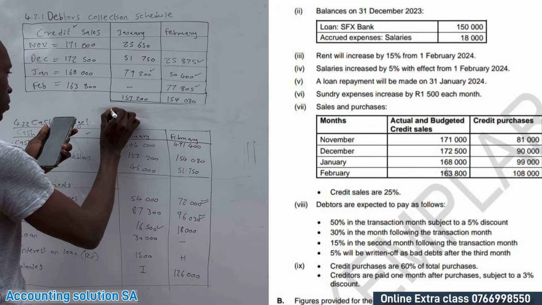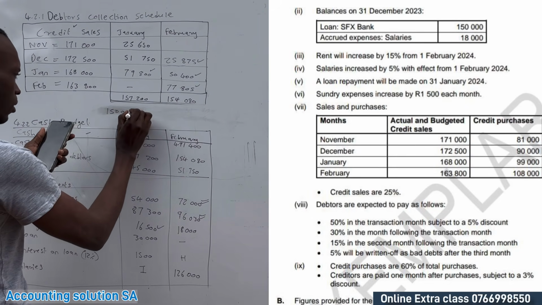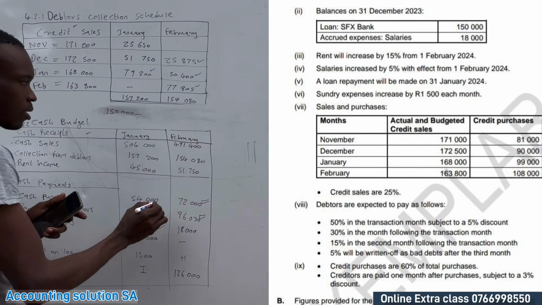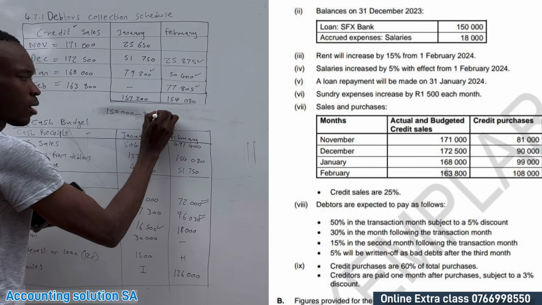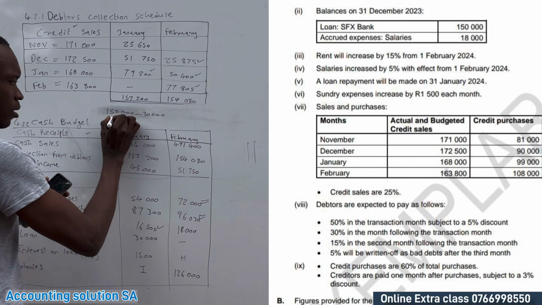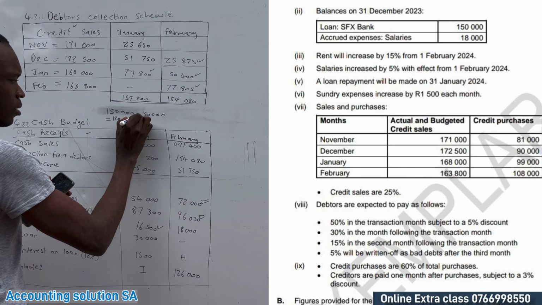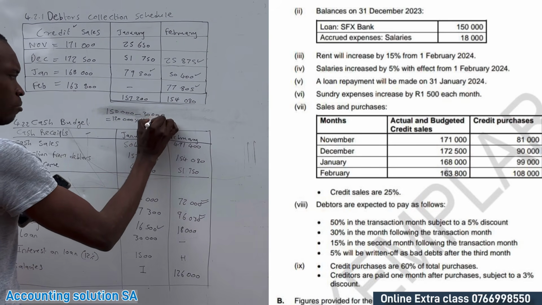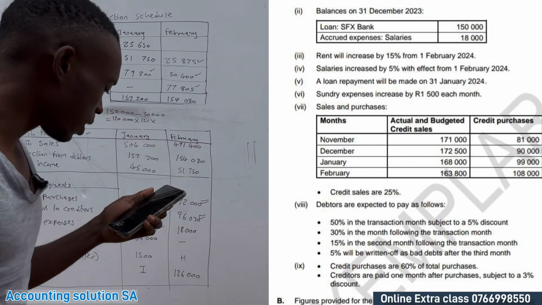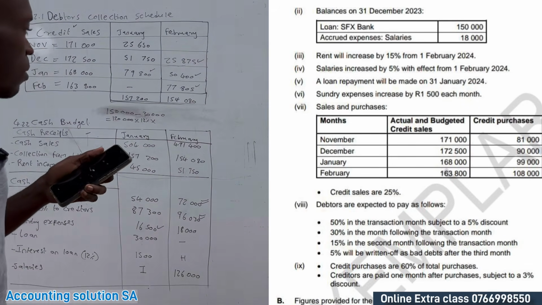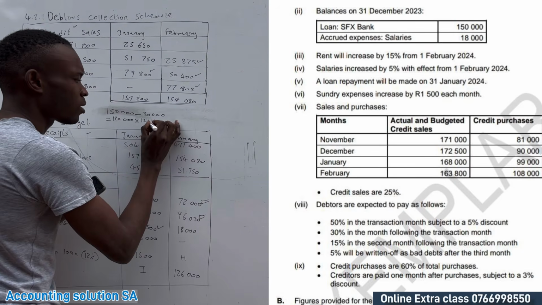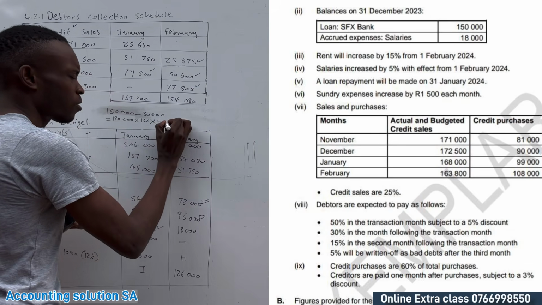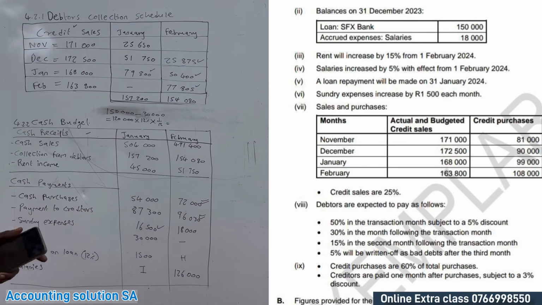If you check on top, 150,000 multiplied by, no, remember they make a payment of 30,000 because we are calculating for February. Then we must be left with 120,000. Then after that we multiply by 12%. Because this 12% is for the whole year, it is per annum, we are looking for interest of 1 month of February, which means that we have to say 1 over 12. Okay, because it's for 1 month.